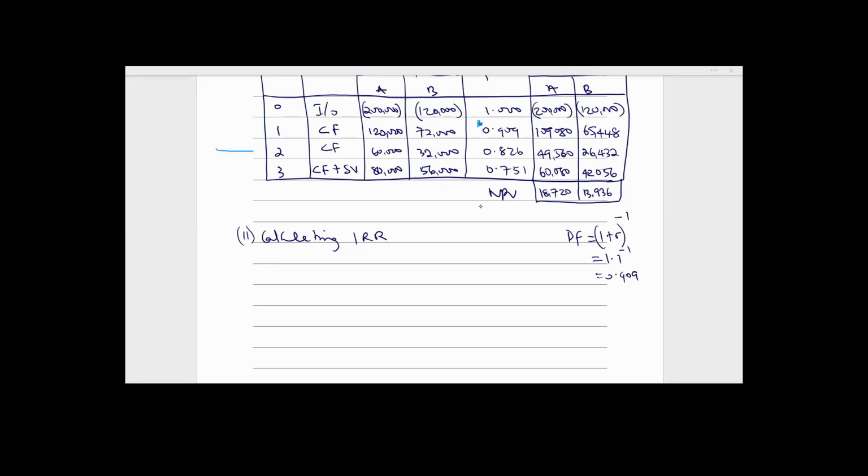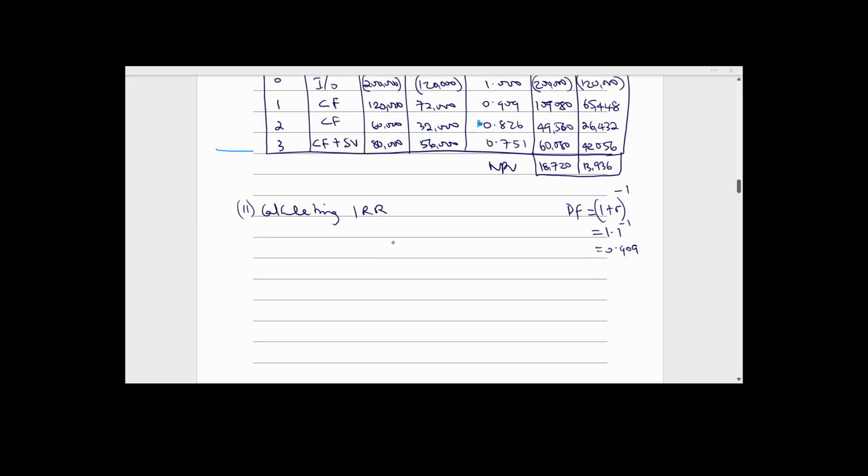So what am I supposed to do? I need to assume 2 discount rates that will give me 2 opposing NPVs. Please let me clean this space. Okay.